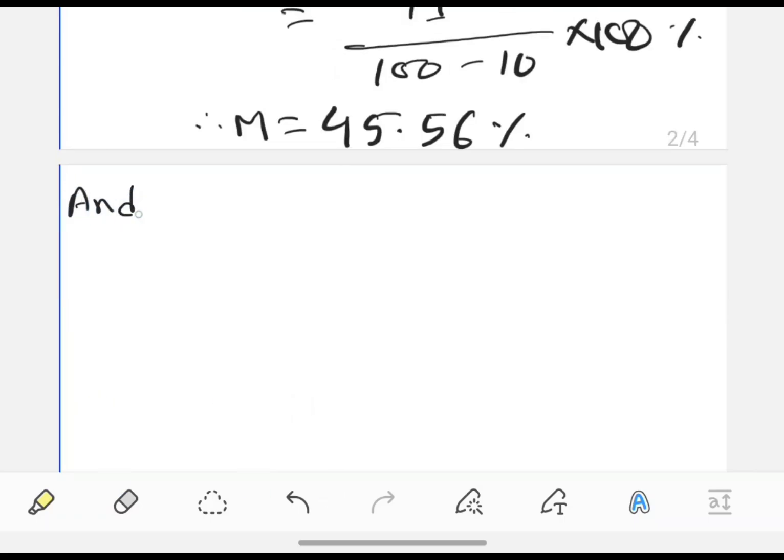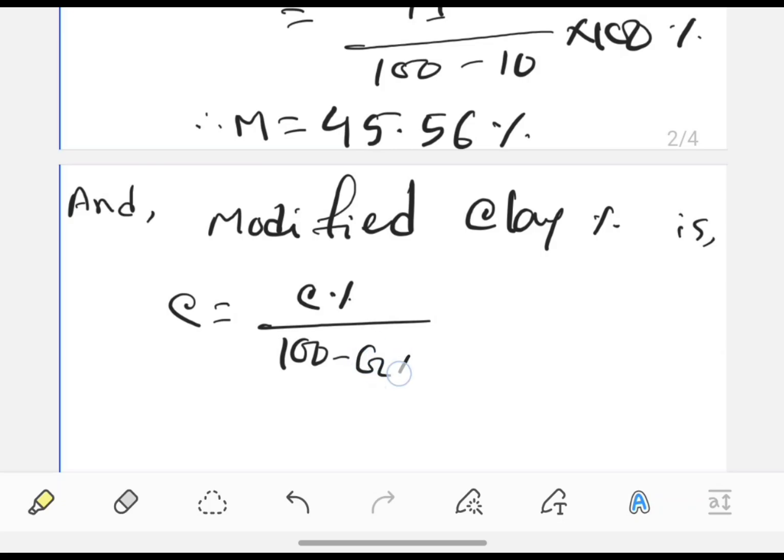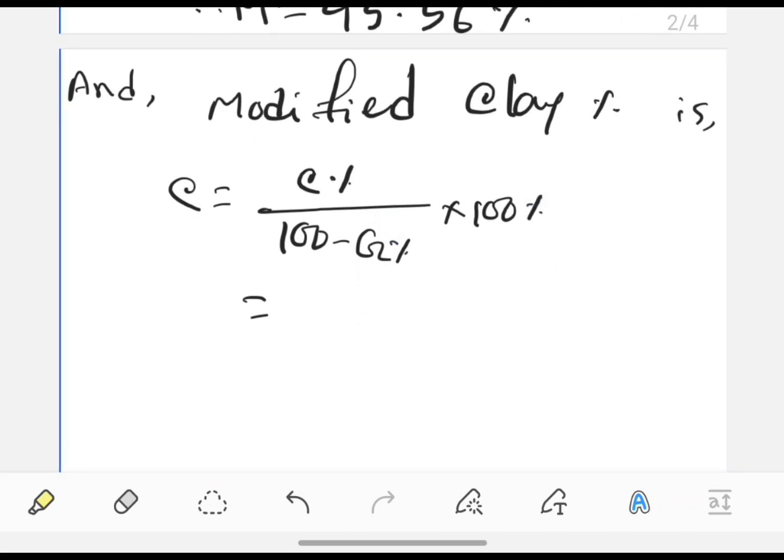and modified clay percentage is clay percentage divided by total percentage minus gravel percentage. Here clay percentage is 29.